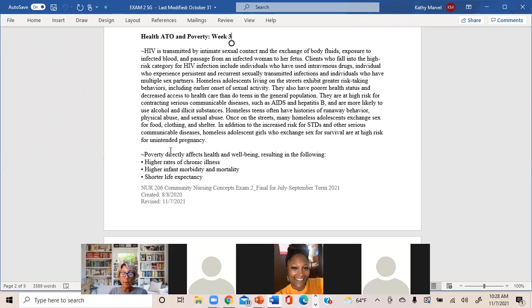Okay. Or this paragraph. It covers how HIV is transmitted. And now we're talking about vulnerable populations, poverty, right? So it talks about HIV, how it's transmitted. It talks about homeless adolescents and gives you information about that. It talks about homeless teens, right?